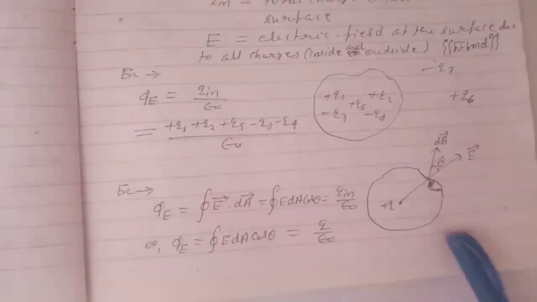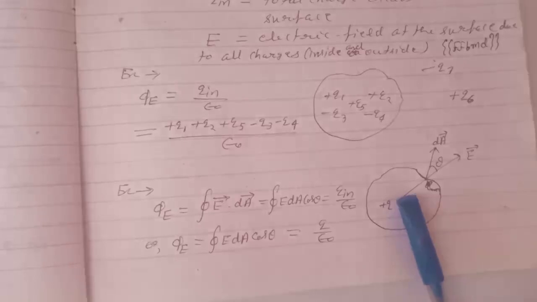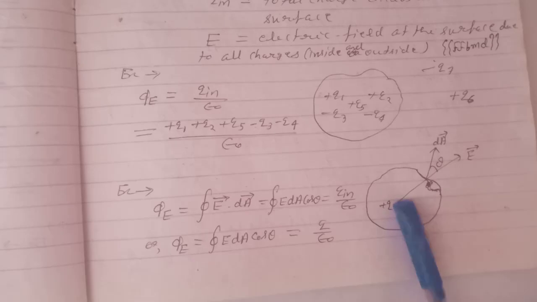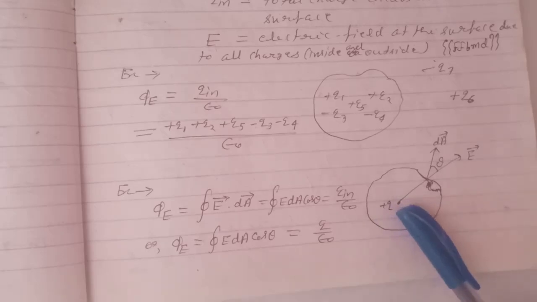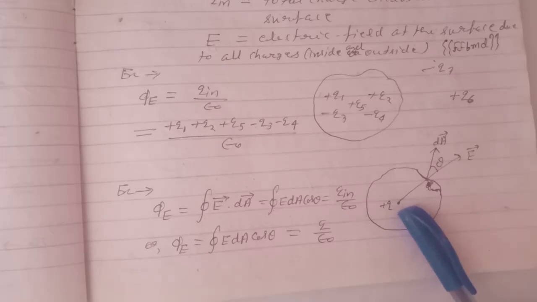For example, here an enclosed surface is shown and a charge q is placed inside the enclosed surface at any point. Now if we want to calculate the electric field due to this charge, then we can use Gauss's law. First we calculate the flux.